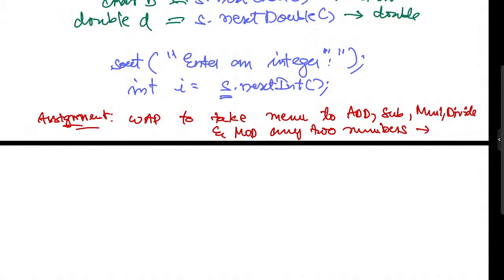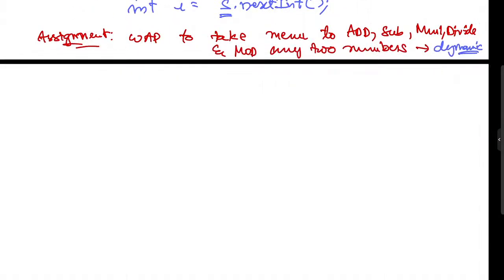The numbers should be dynamic, that means they should be inputted from the keyboard. If you write this program, then it would be very nice for you to understand most of the stuff.